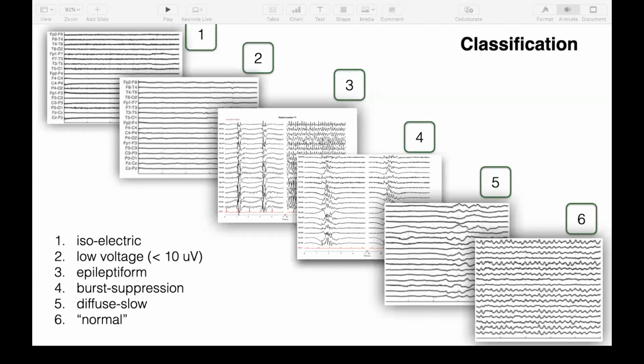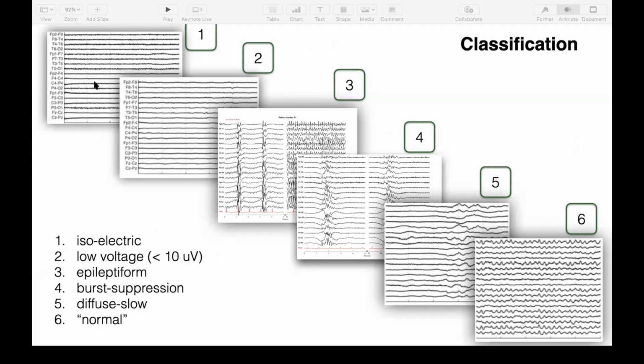And this has assisted us in proposing a classification of the EEG in these patients and making very reliable predictions in this particular patient group about the prognostication. So we decided to use essentially 6 categories of the EEG.